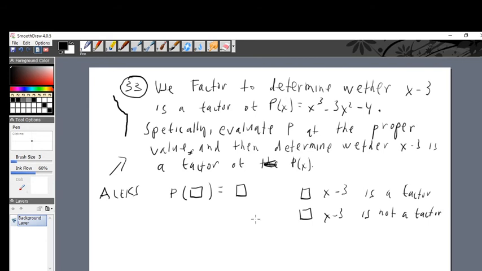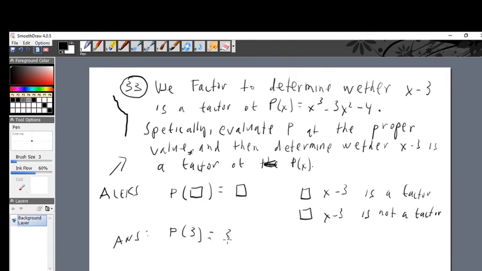Okay, so here's what you do. We need to take P of 3. Where am I getting 3 from? Not minus 3, 3. What does P of 3 mean? Insert 3 into the polynomial that they gave us. Every time you see x, replace it with 3.